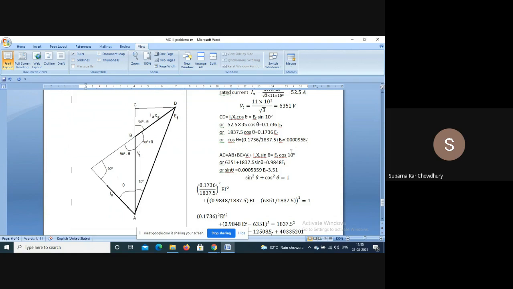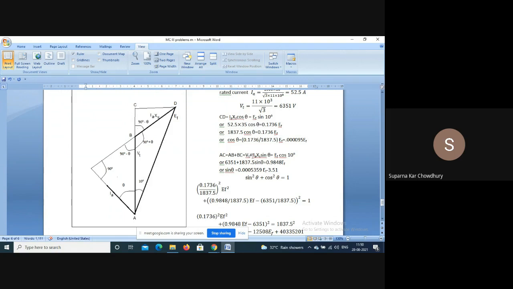This is an expression. Similarly, this AC will be AB plus BC. So AB is Vt and BC is IaXs cos of this angle. So cos of this angle is sine theta.